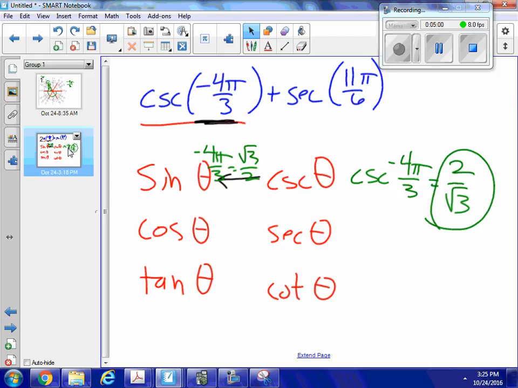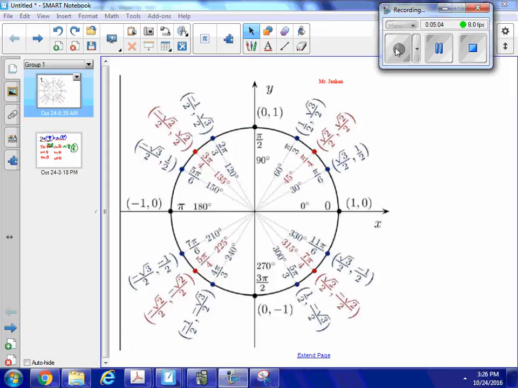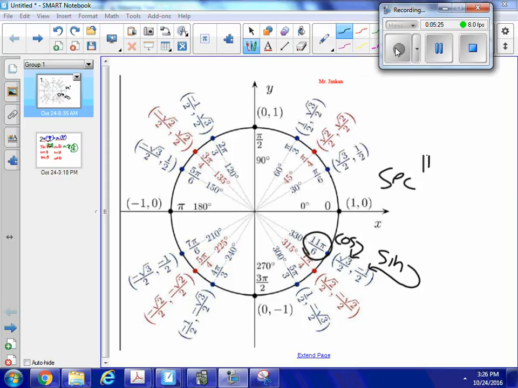Now let's take a look at the second piece, secant 11 pi over 6. Well, I can go right to my unit circle, and I can see that I have an 11 pi over 6 angle. So my cosine of 11 pi over 6 is radical 3 over 2. My sine of 11 pi over 6 is negative 1/2. I'm looking for secant 11 pi over 6.